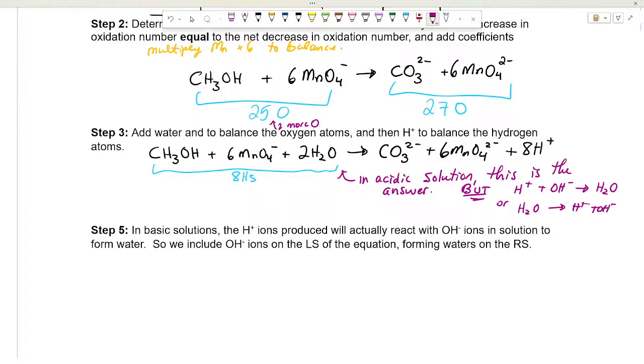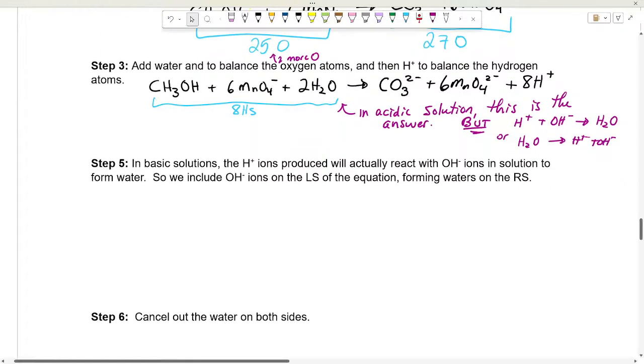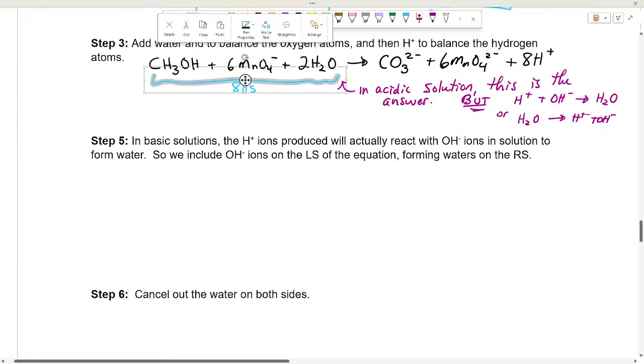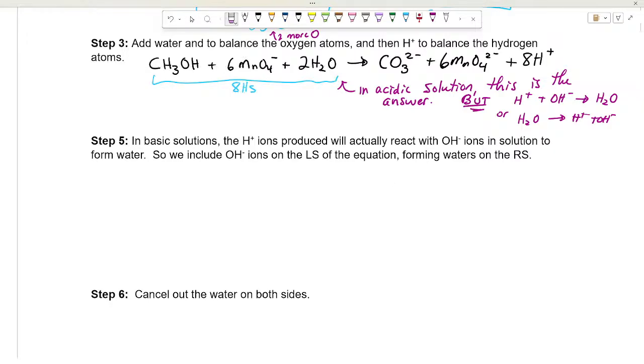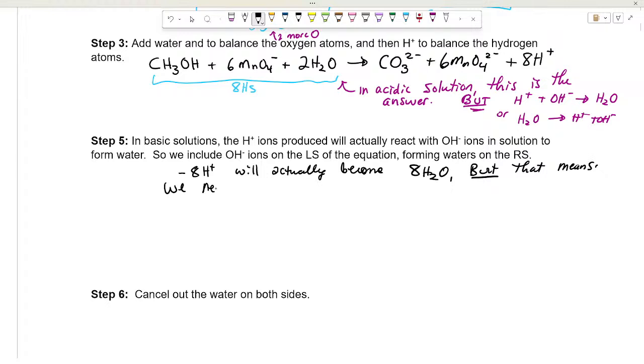They will be in the middle, but actually those 8 H pluses at the end will actually be 8 waters. But that means we needed 8 OH minus ions to be available. Does that make sense?